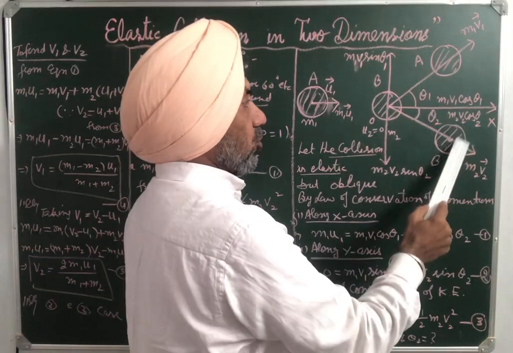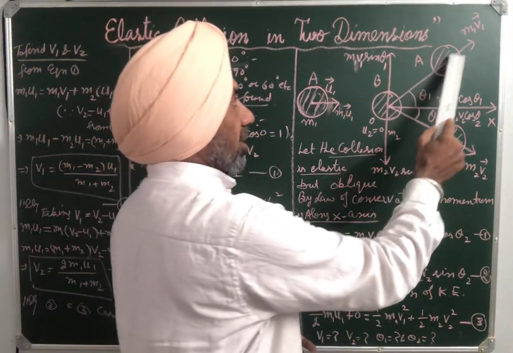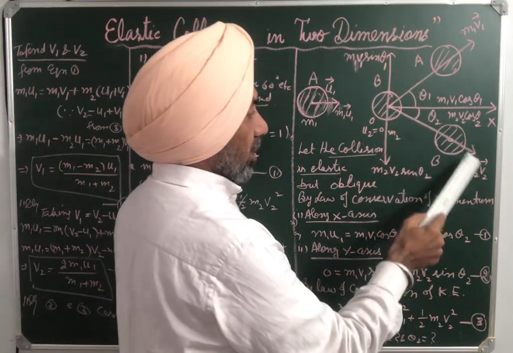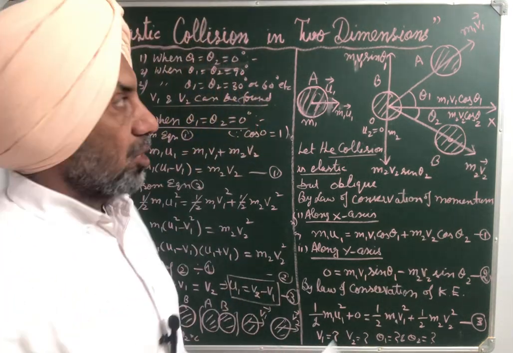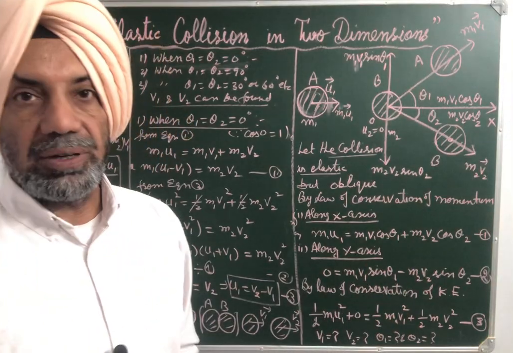Let v1 and v2 be the velocities of the bodies after collision, so that m1 v1 and m2 v2 are the momenta of bodies A and B respectively.